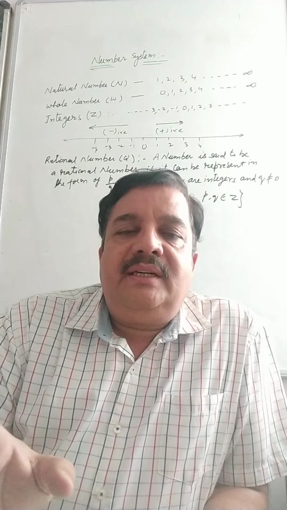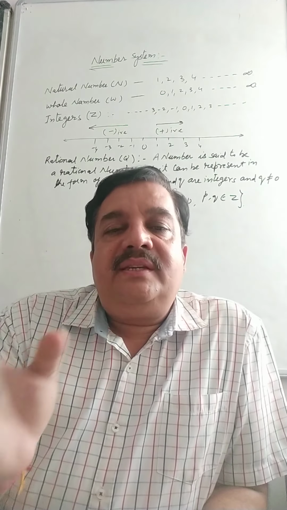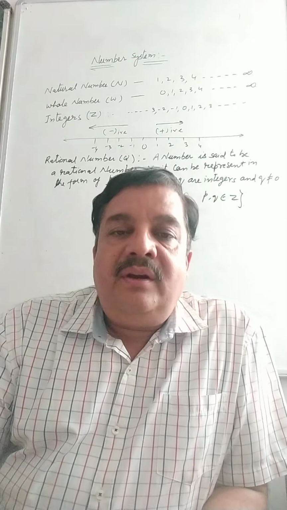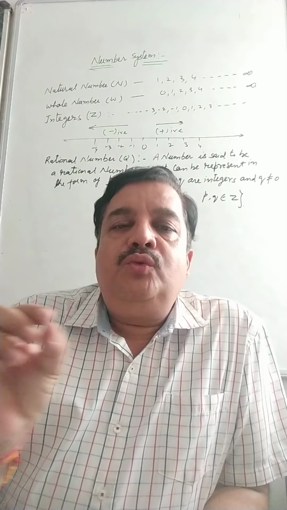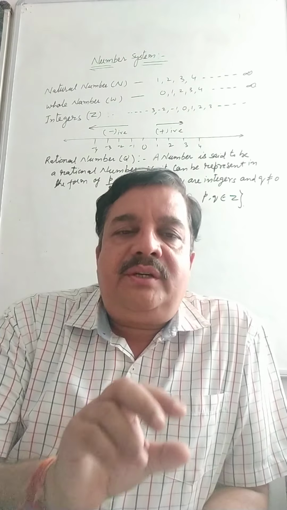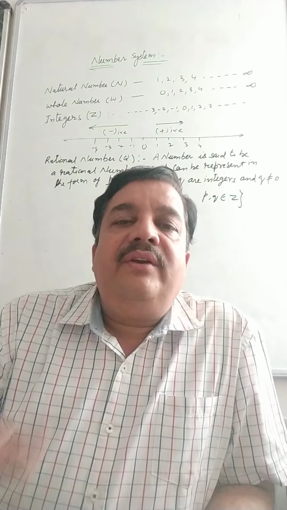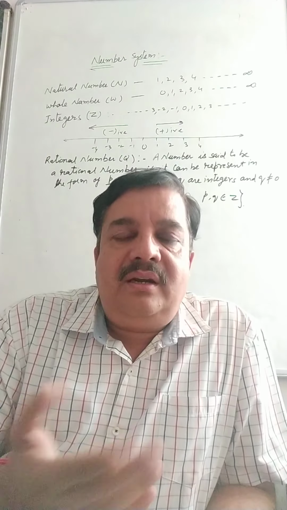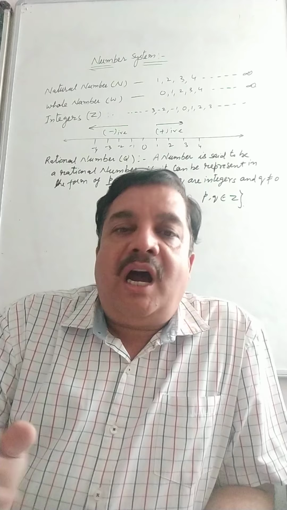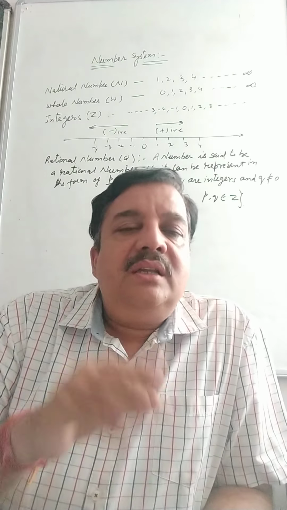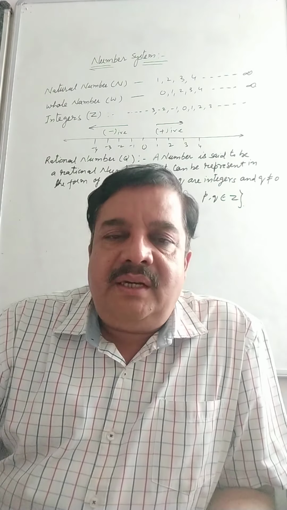Then we discuss the decimal expansion of rational numbers, what type of decimal expansion rational numbers have, how to represent rational numbers on the number line, and how to put some rational numbers between two given rational numbers. Similarly, irrational numbers, what are irrational numbers and how to write them. These all we are going to discuss in this chapter.